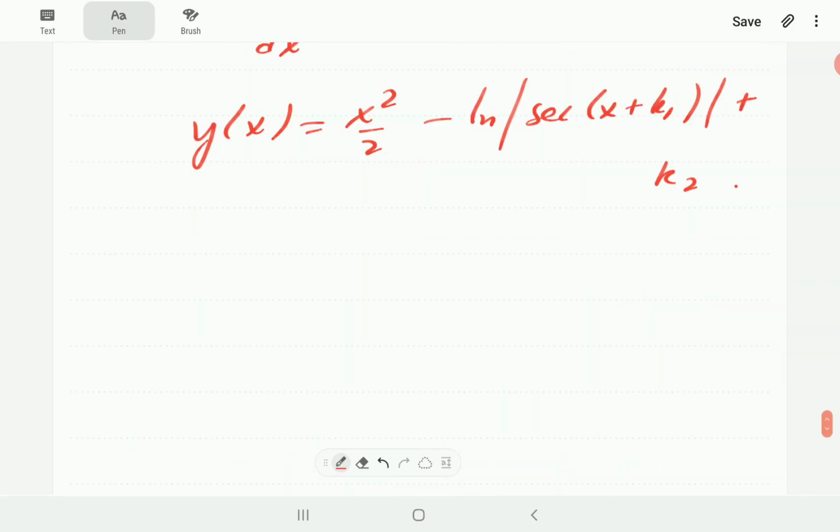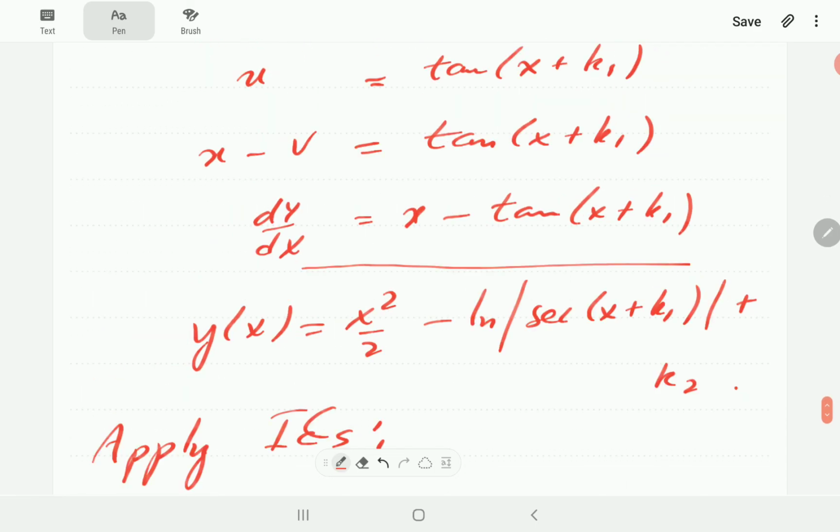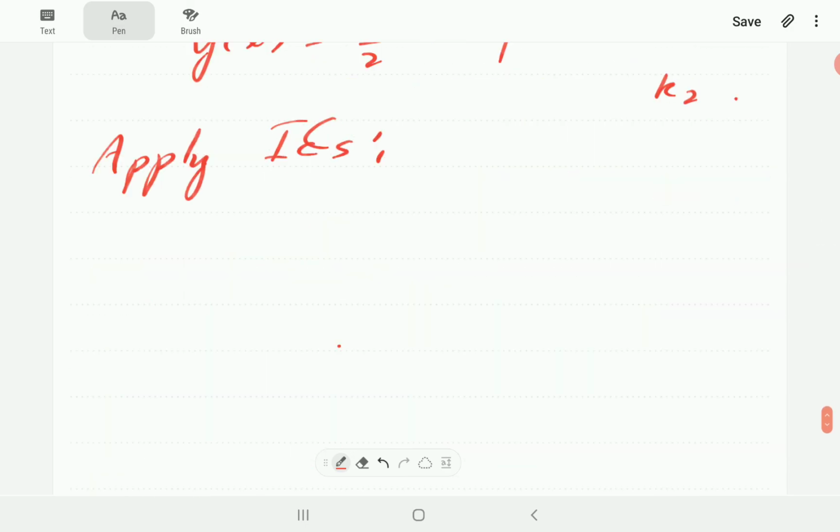invoke the initial conditions. We are given that when x is 0, y prime is 1. There is our y prime there. So we're going to have 1 this side.